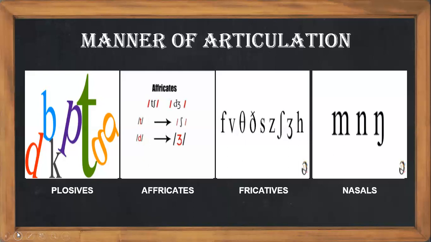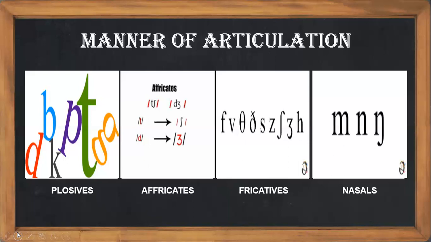Then suddenly the active and the passive articulators move away from each other, and the plosive sounds are produced. And what are the plosive sounds? Pa, ba, ta, da, ka, ga. These six sounds are plosive sounds.